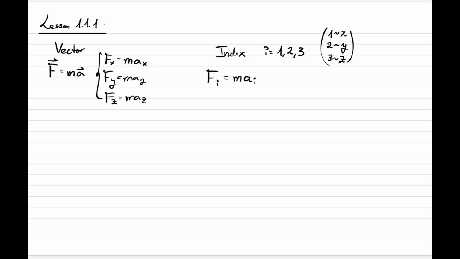Thus, if we write something like F2, what we really mean is the y component of F. Or a3 is going to be the z component of a. Thus, by making this identification, if we write this formula for the three values of i, we recover these three equations.